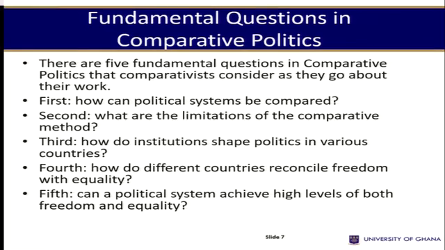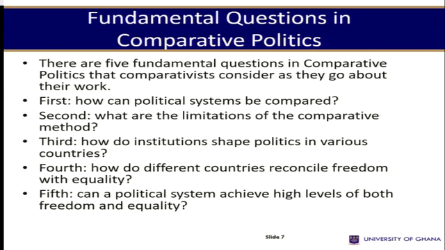First, how can political systems be compared? Second, comparativists ask, what are the limitations of the comparative method? The comparative method is used in comparing political systems, but what are the limitations? Third, how do institutions shape politics in various countries?